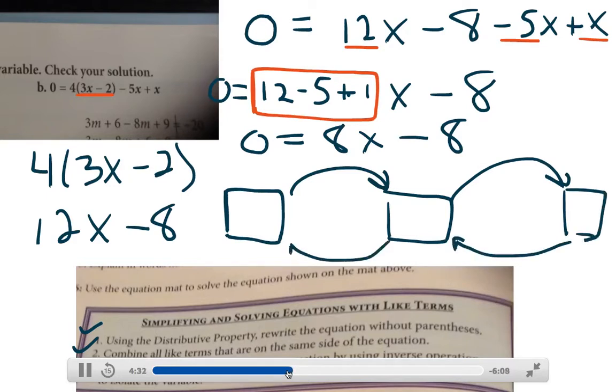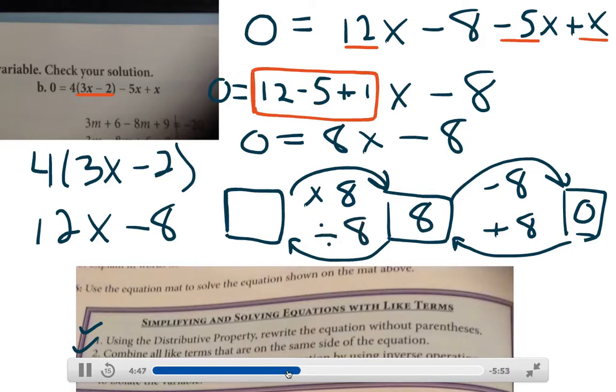So then we backtrack by adding 8 back and dividing by 8. 0 plus 8 is 8. 8 divided by 8 is 1. So we've checked off x is equal to 1. We've checked off all three steps of simplifying and solving equations with like terms.